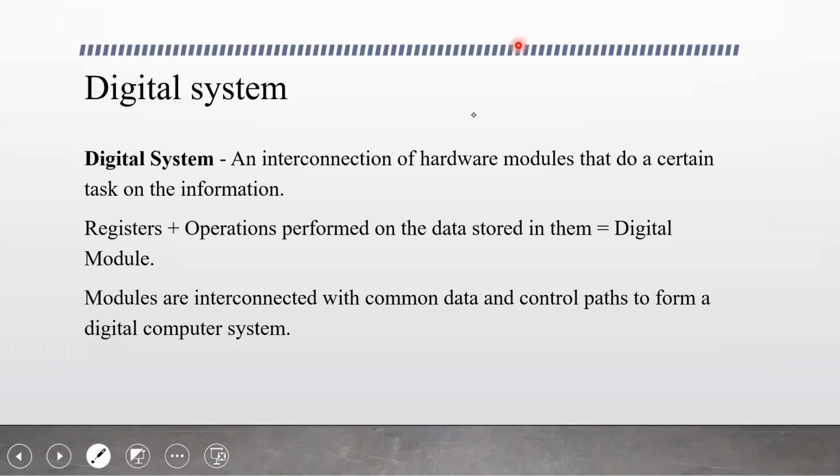Listen. A digital system is an interconnection of hardware modules that do a certain task on the information. The task that is performed on the information is processing the information. The digital system is a component that combines many components, so it uses a modular approach.